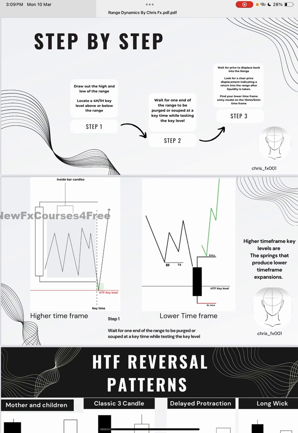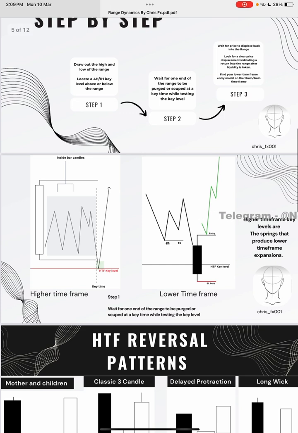Then you can go to your lower time frame and look for your lower time frame model to target your opposing side of the range. So here on the lower time frame, this is just an illustration. You got your lower time frame order block and all of that.